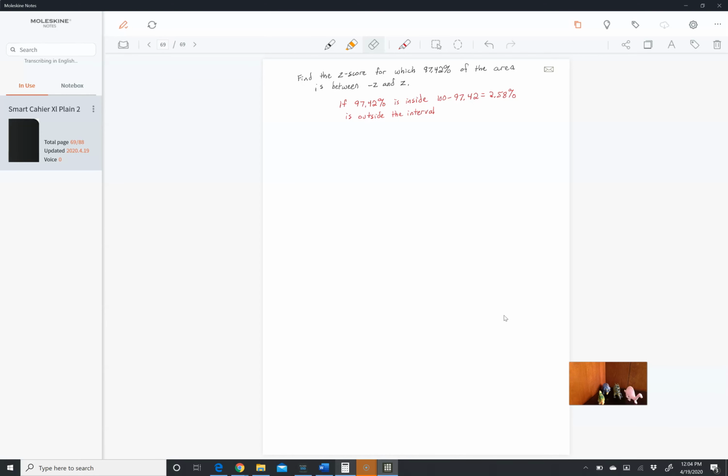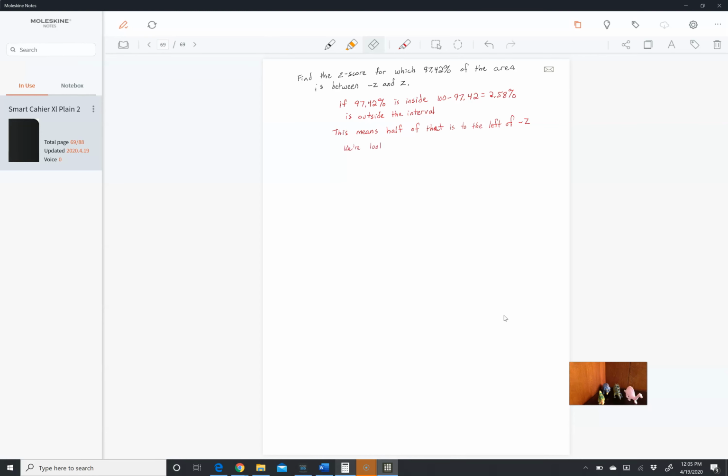Okay, so we want to the left of negative z. So this means half of that is to the left of negative z.